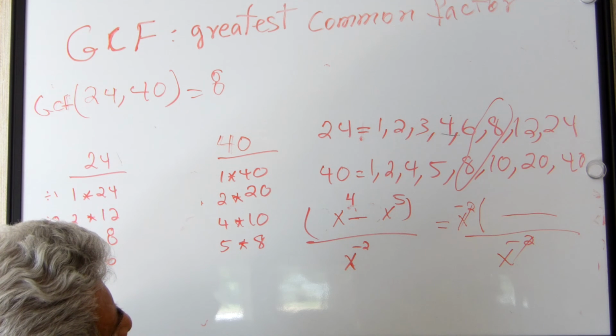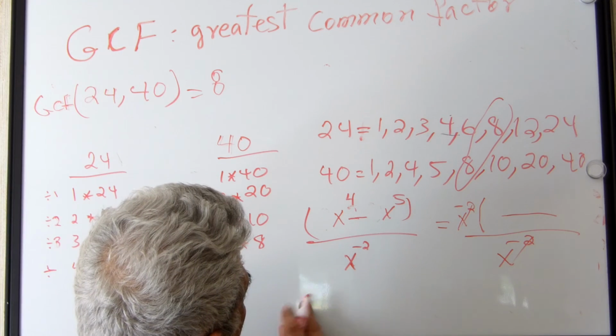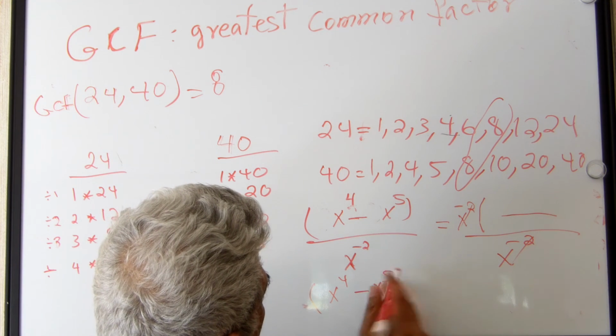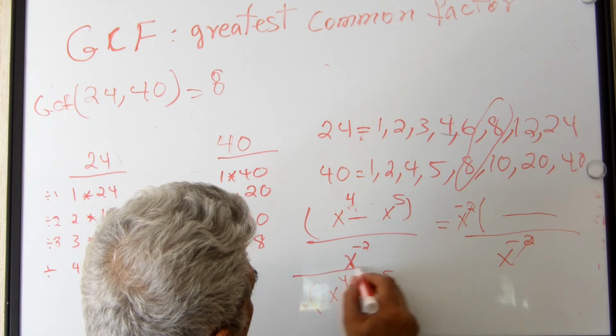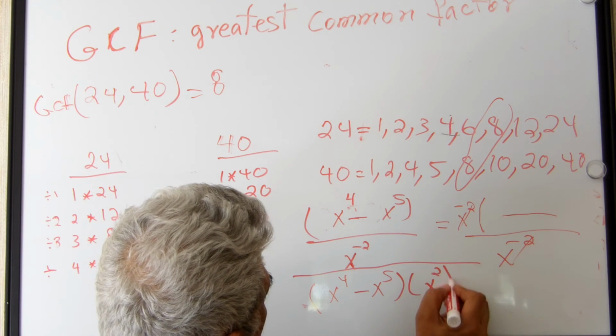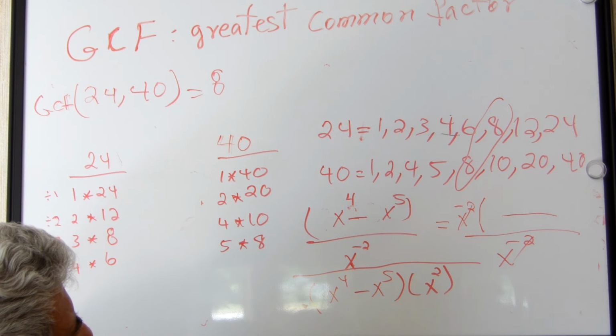Okay? So one way to do this, because it's multiplication, it's x to the power of 4 minus x to the power of 5. We can write it as x to the power of 2.